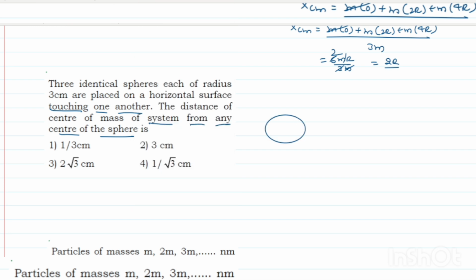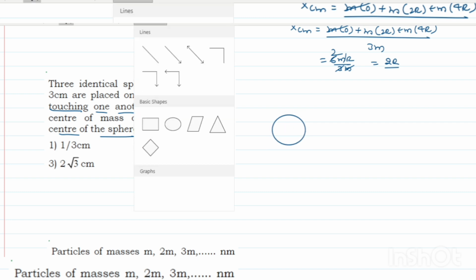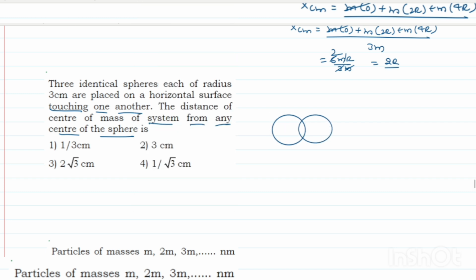Here are 3 spheres, they are touching each other, it's given, so all three will be touching each other.